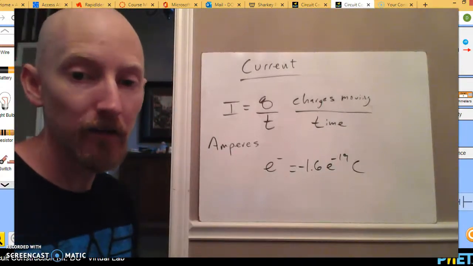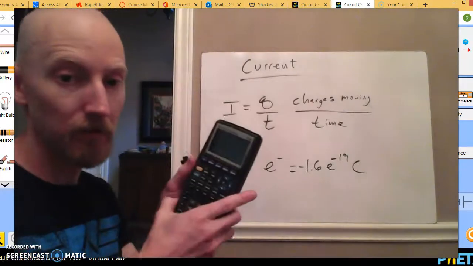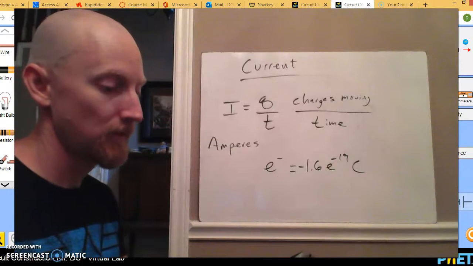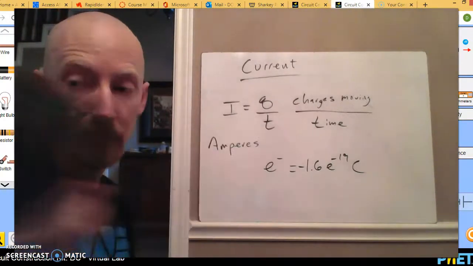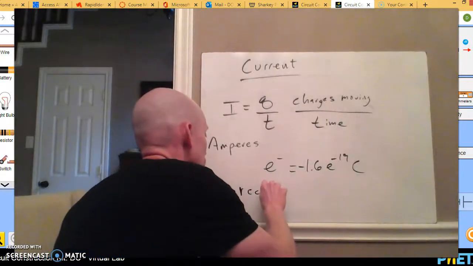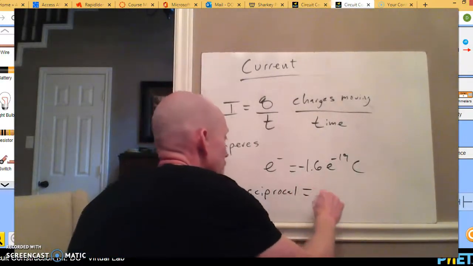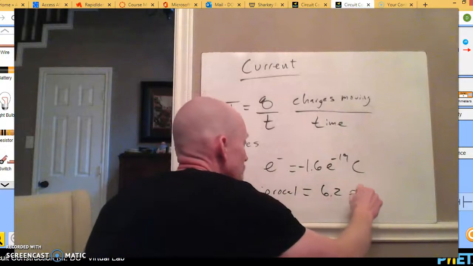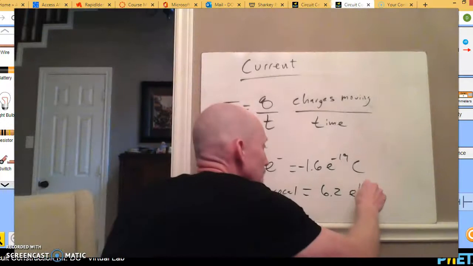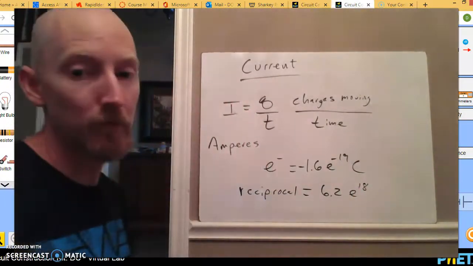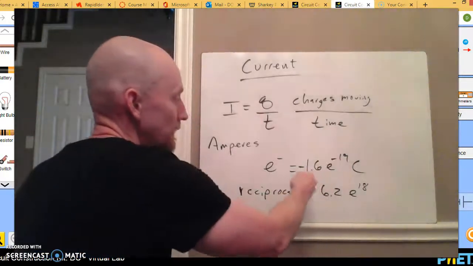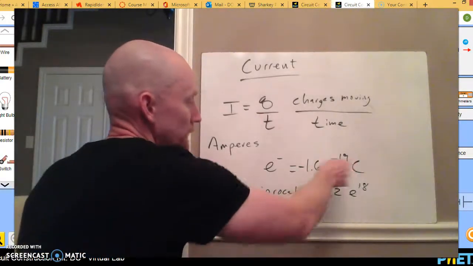And if you take that number and type it into your calculator, and then find the reciprocal, you get, I always forget what this is, 6.25 e to the 18, which is a really big number. See, what's going on here is this is charge per electron.